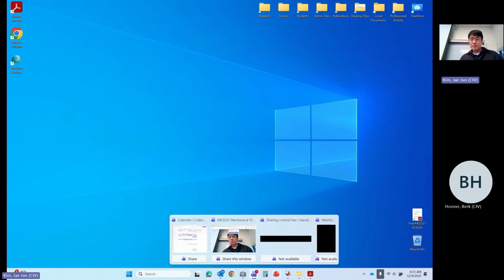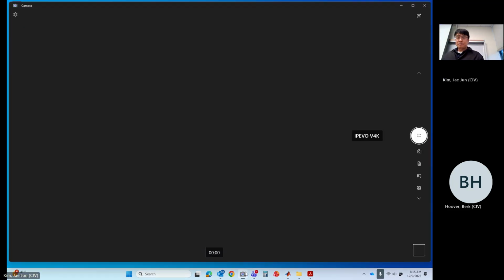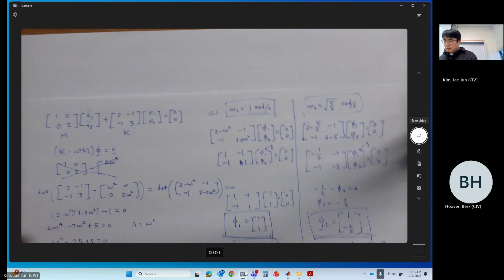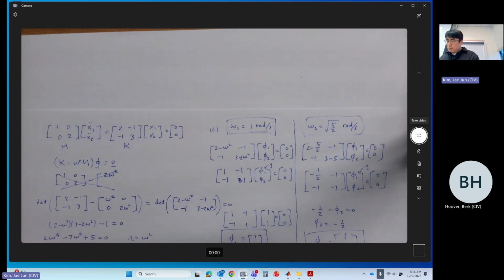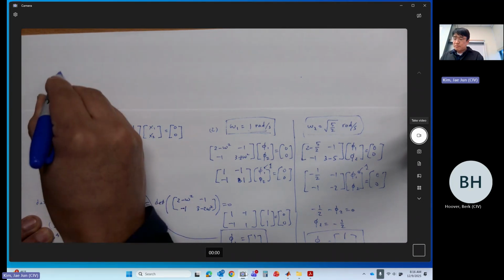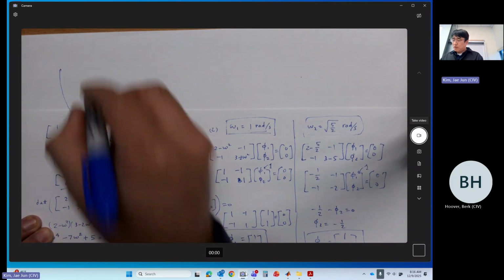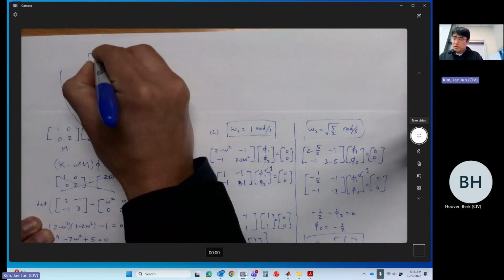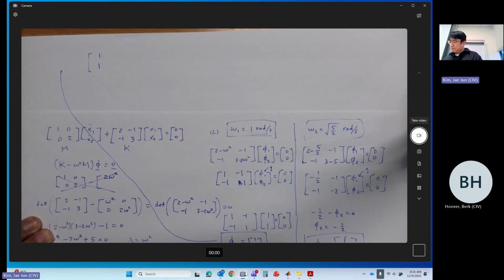So modal transformation says, now we have, let's use these mode shapes. So now we have a mode shape 1, 1, that's the first mode shape.